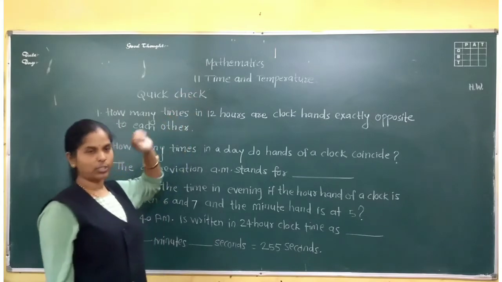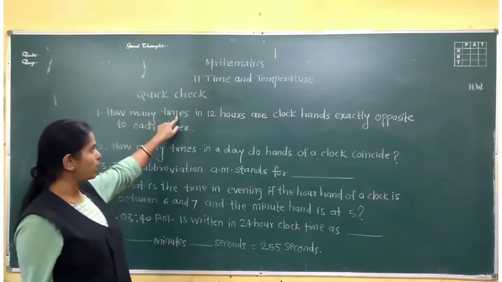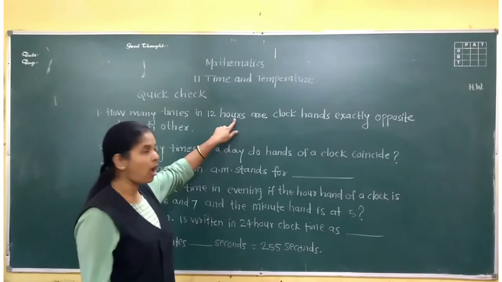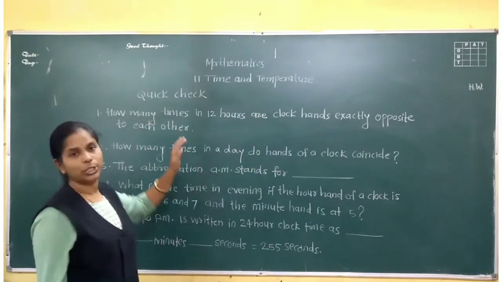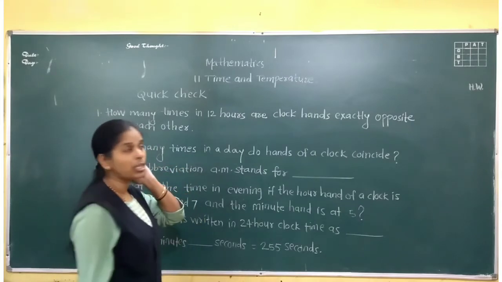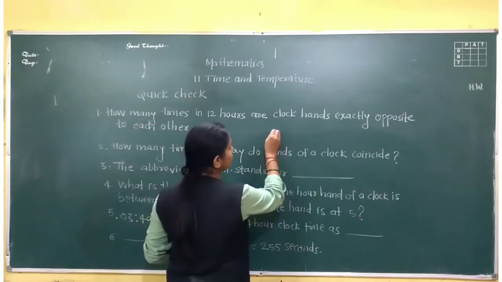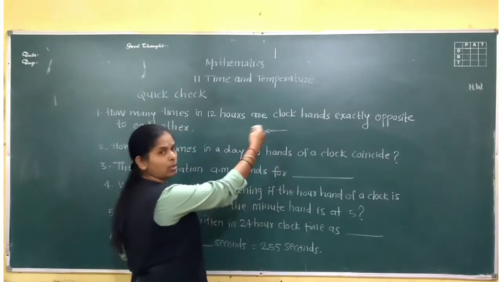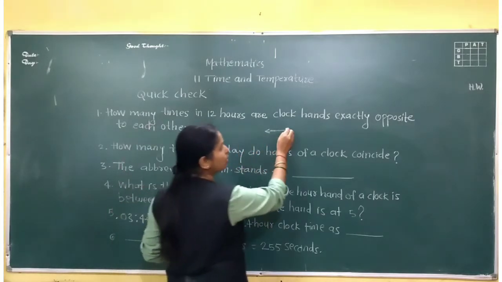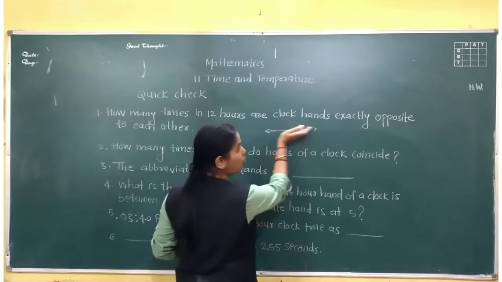In that, the first one: how many times in 12 hours are clock hands exactly opposite to each other? Exactly opposite means, suppose one hand is facing this side, the other hand faces opposite to it.